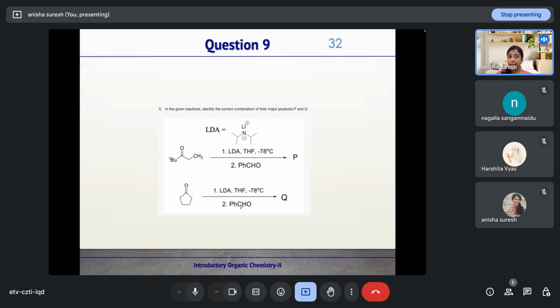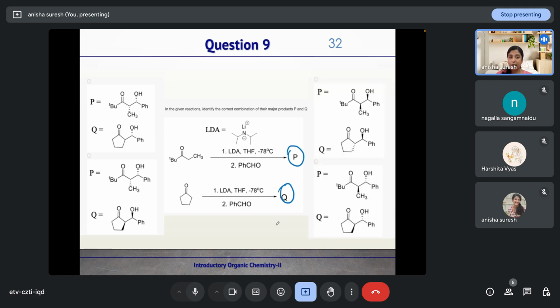In the given reaction, identify the correct combination of the major products P and Q. Here we have this ketone treated with LDA and then with benzaldehyde. The enolate that is formed is treated with benzaldehyde, and we get a product P. Then we have this cyclopentanone treated with LDA and quenched with benzaldehyde, giving a product Q. What are the major products P and Q? Here are the options A, B, C, and D.